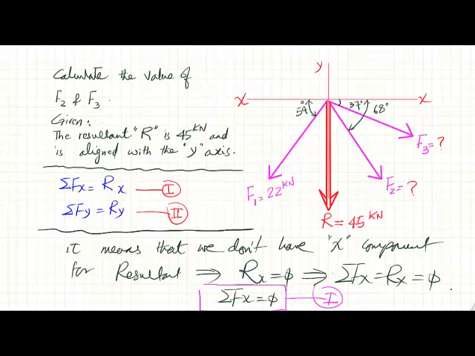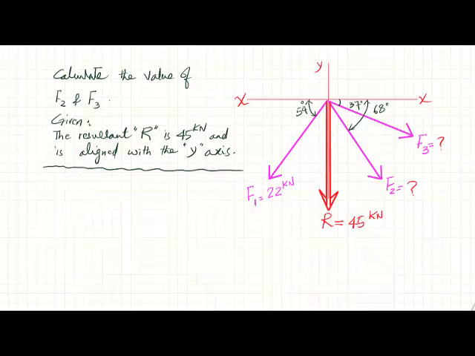Now let's move to the second part of the question. What does that make for the y? In the case of the y, the sum of all forces in y direction is equal to the y component of the resultant.